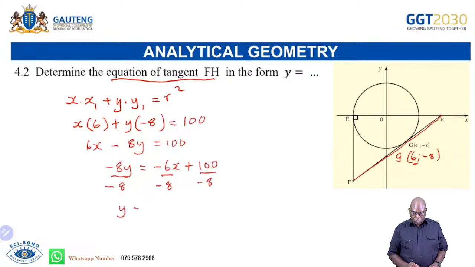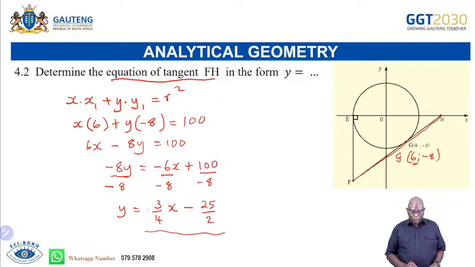Then I'll get y equals 3 over 4 x minus 100 over 8. So 4 goes into 100 25 times and 4 goes into 8 2 times. So the answer will be 3 over 4 x minus 25 over 2. My gradient is positive. This is an increasing graph, no problem. If that one was a decreasing function, my gradient would be negative. So that will be my equation of that graph.